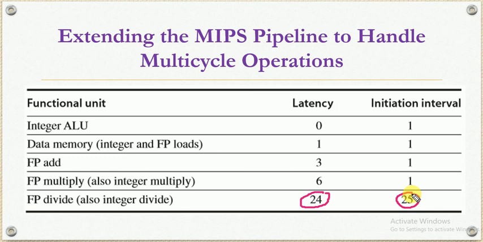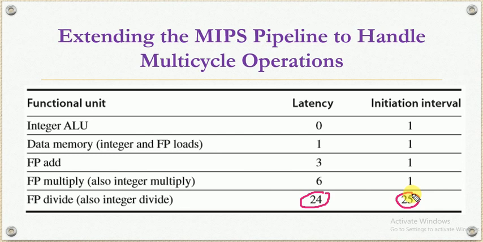So we have seen the new mechanism for extending the MIPS pipeline architecture by using multi-cycle operations, and how we can handle the multi-cycle operations for various functional units and various instructions that are entering simultaneously into these systems.